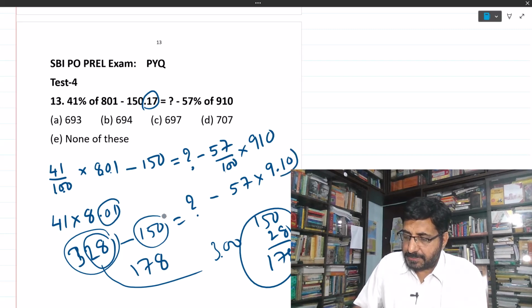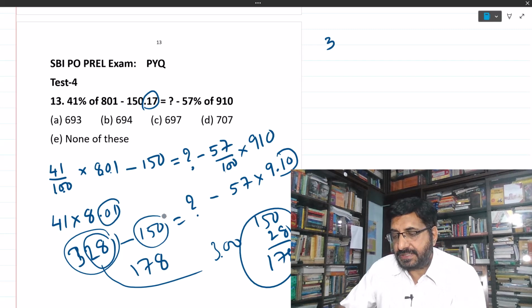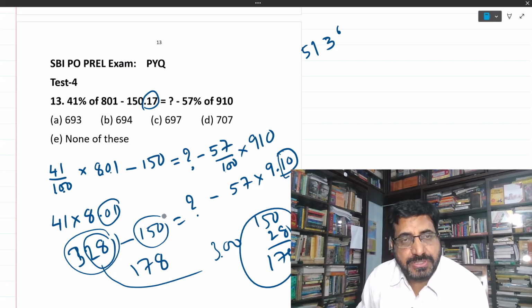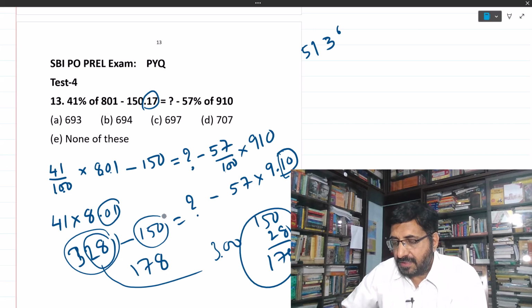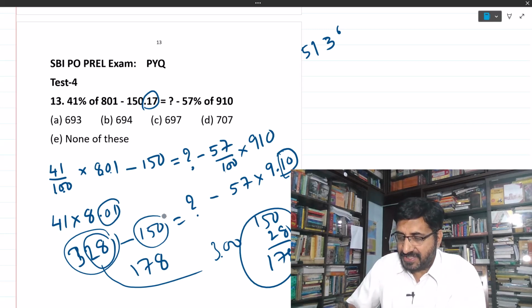0.1 is negligible, but hold on. First you multiply 57 with 9. 9 7s are 63, 6 you are carrying. 9 5s are 45, plus 6 is 51. Now be careful here. According to our approximation method, 0.1 is negligible, but here you have to multiply this 0.1 with 57.